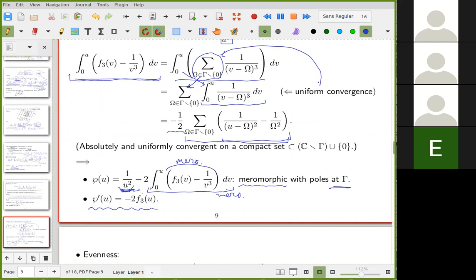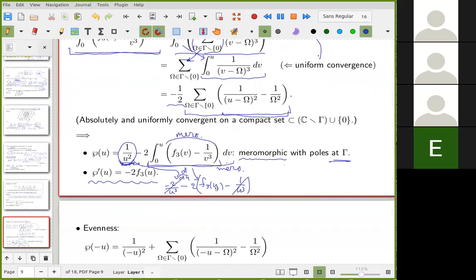You see, if we differentiate this integral, then we have such a function, and from this part we have this, and so they cancel, and we have minus 2 times F3.